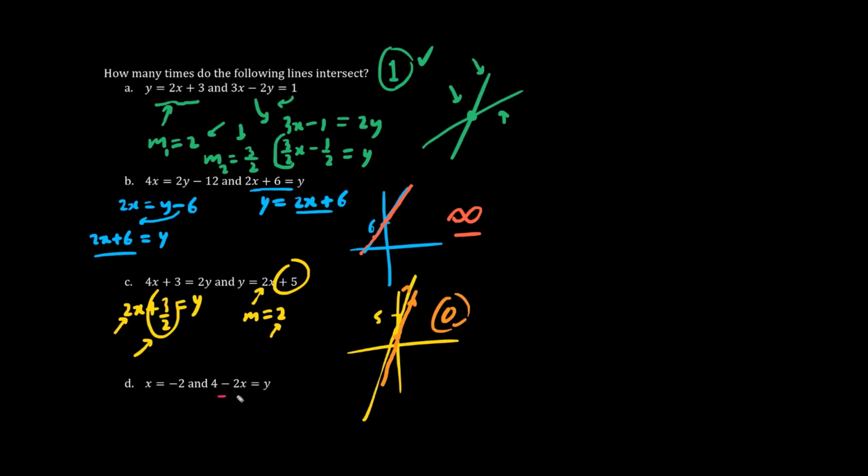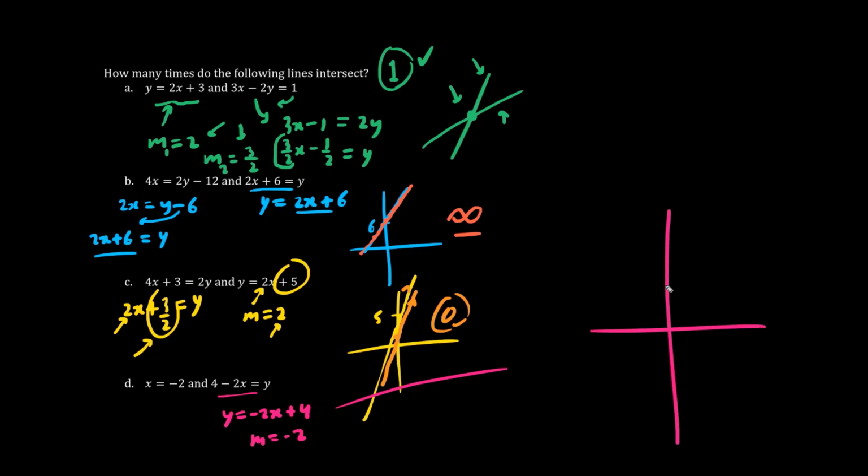Finally, we have this line, y equals minus 2x plus 4, rearranging. We see the slope here is negative 2, and we can even sketch it. We have a y-intercept of 4, and a slope of negative 2 means down 2 and 1 to the right. It's a downhill graph.